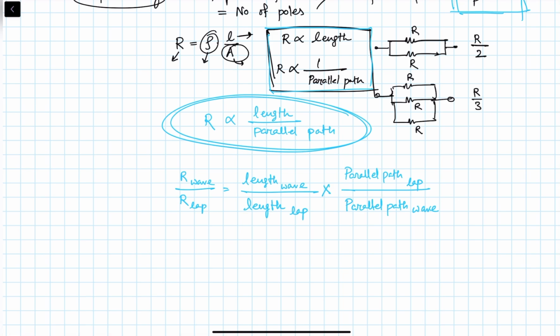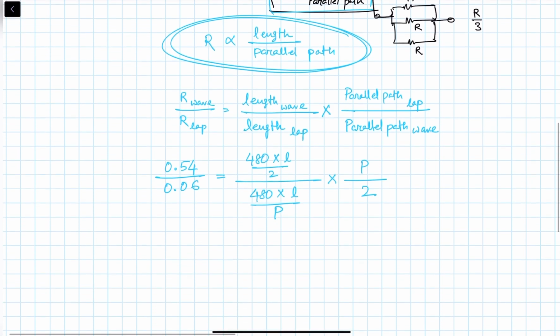Now R wave, the resistance given, is 0.54, right? And lap winding is 0.06. Length of the wave is 480 into L by 2 and length of lap is 480 into L by P, into parallel path of lap, that will be the number of poles, and parallel path of wave is 2.